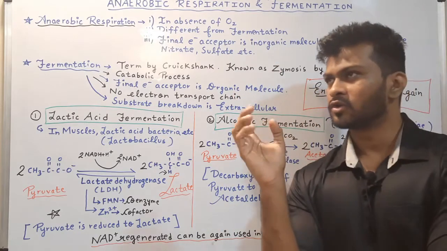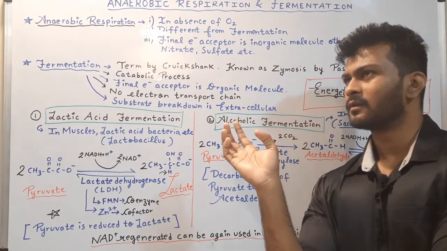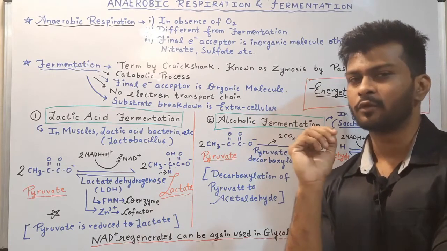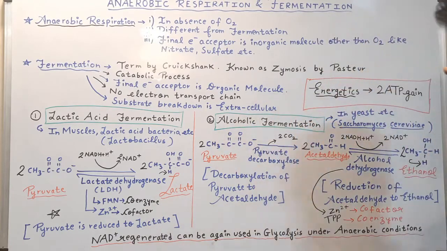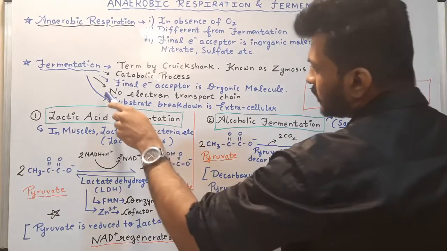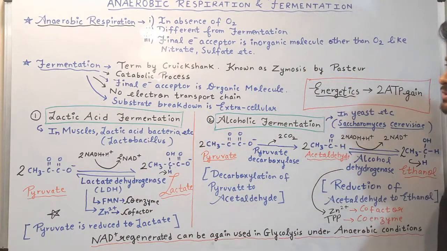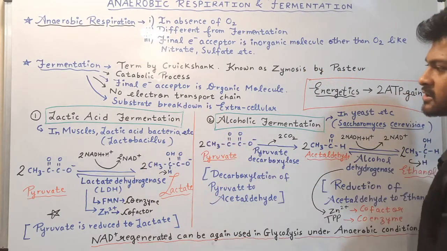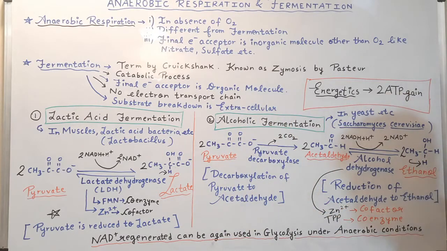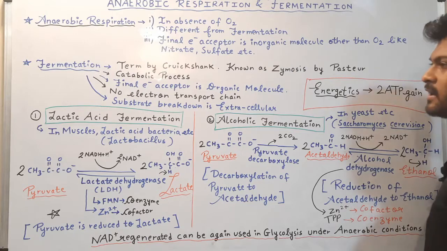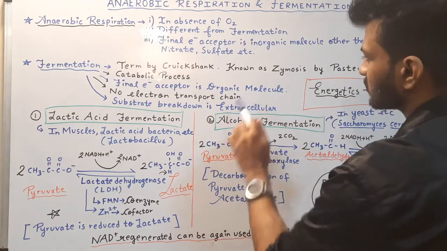This was asked like 2 to 3 years before in CSIR net exam. There is no electron transport chain process involved in fermentation, so this can be asked in upcoming exam. This statement is not asked yet in any life science exam, so it can be asked.